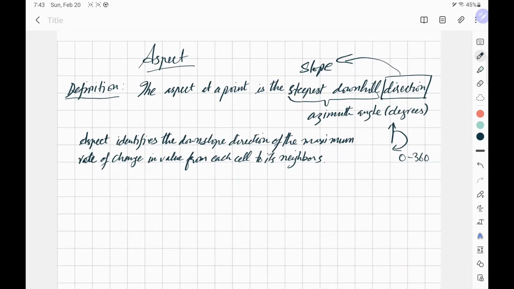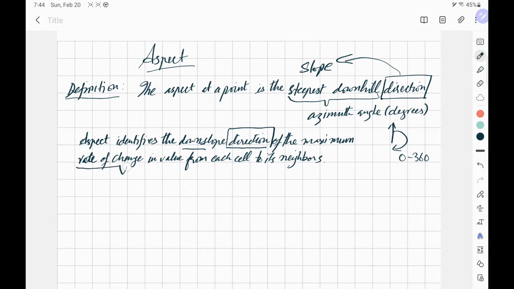So let's ponder upon this definition. It identifies a direction, and this direction is downslope. So aspect is all about the direction of maximum rate of change in value.